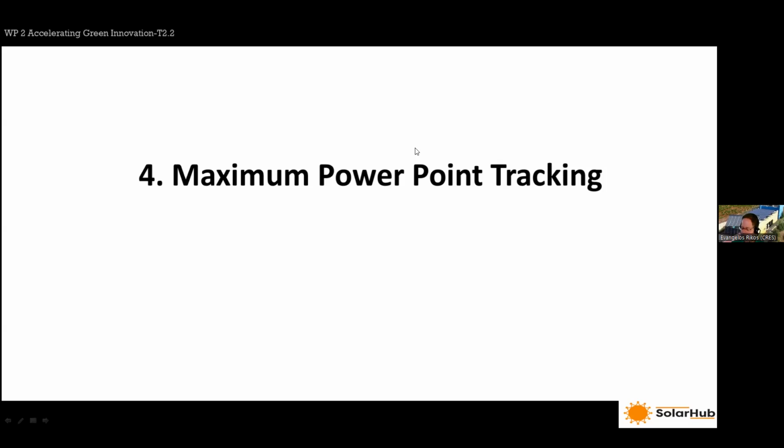So, moving on to maximum power point tracking. I just finished talking about converters, DC converters and inverters. And I mentioned that one of the main functionalities of those devices is to force the photovoltaic system to operate at its maximum power, right?